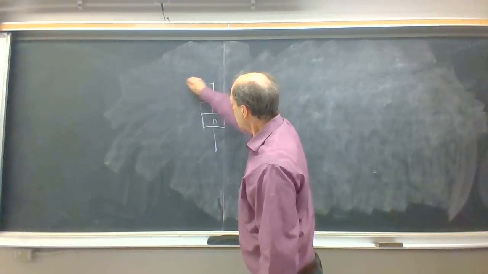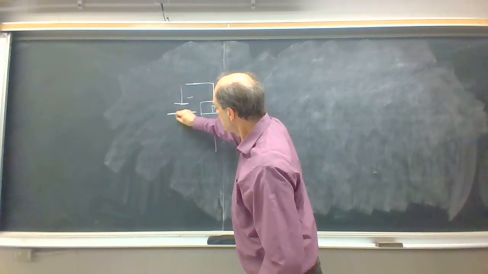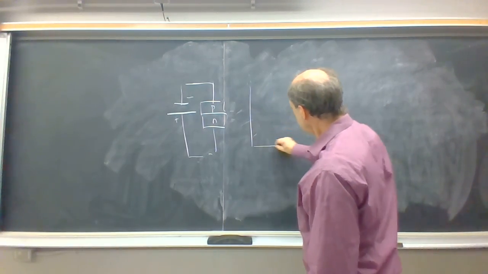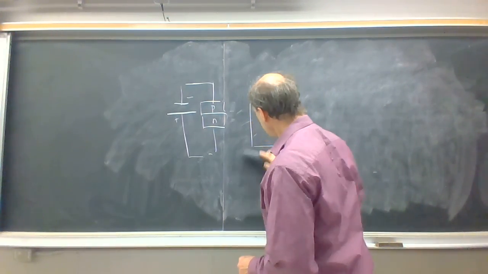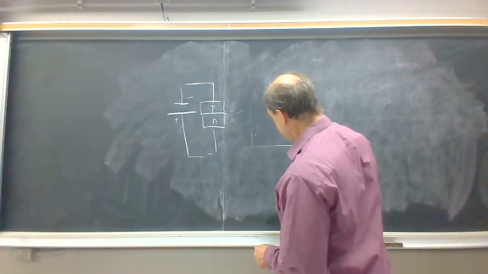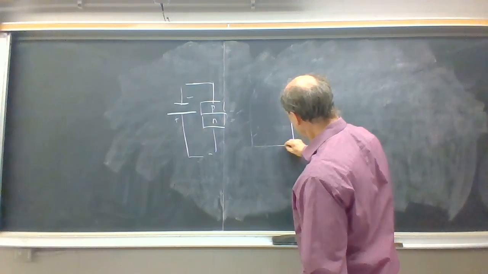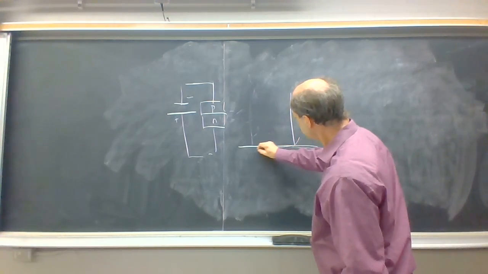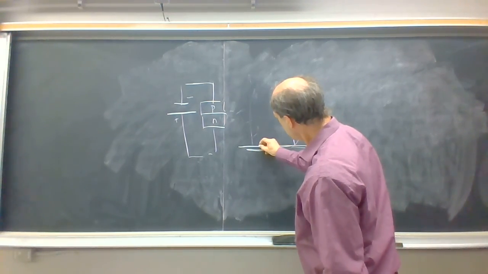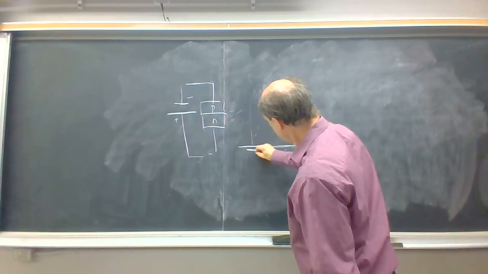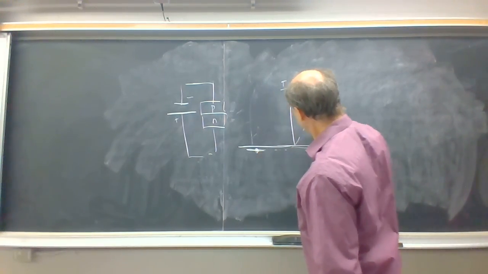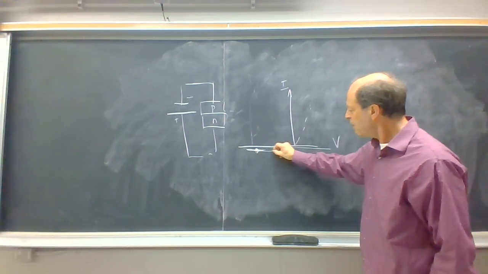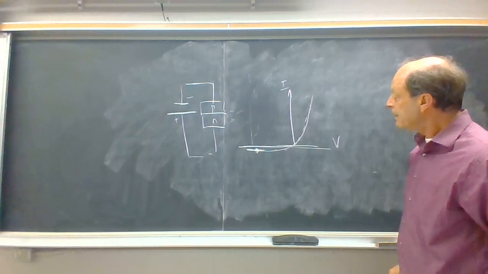We're going to connect this PN junction in reverse bias, which means that our IV characteristic, which looks like this, is going to be operating right there. So this is our operating point in the IV characteristic of a diode.